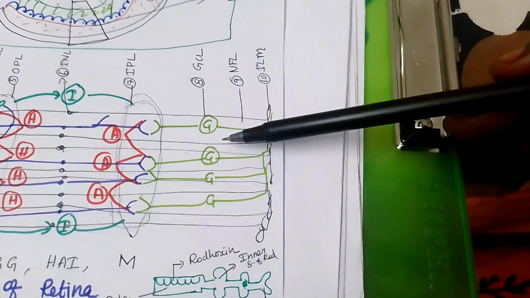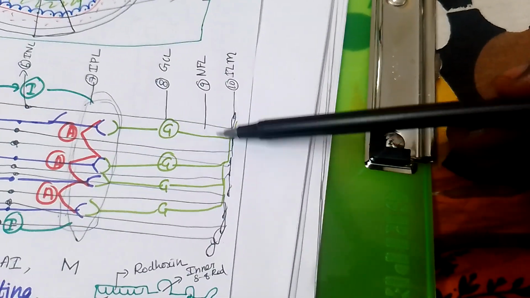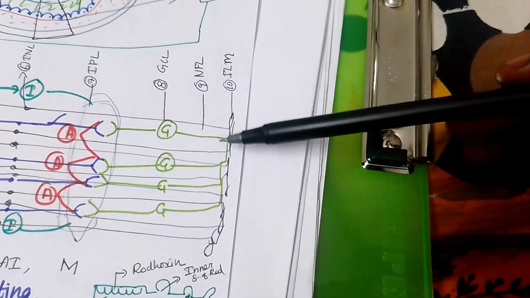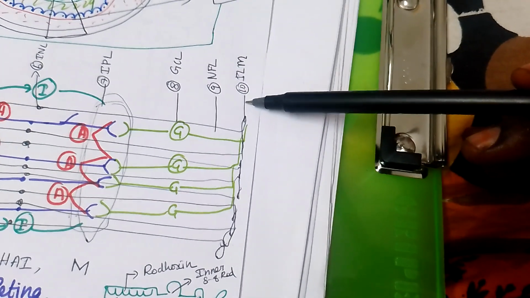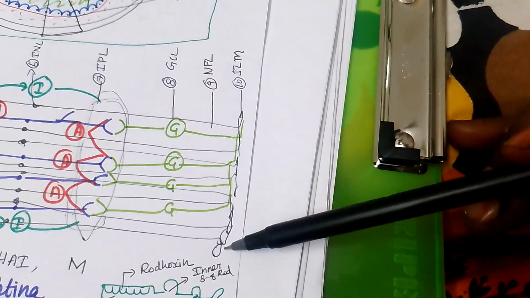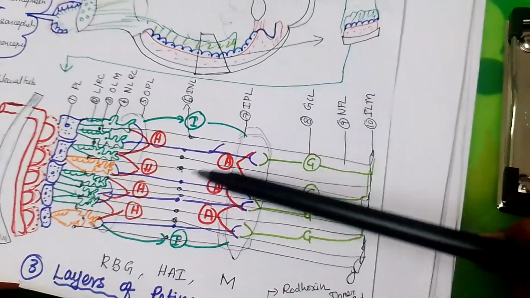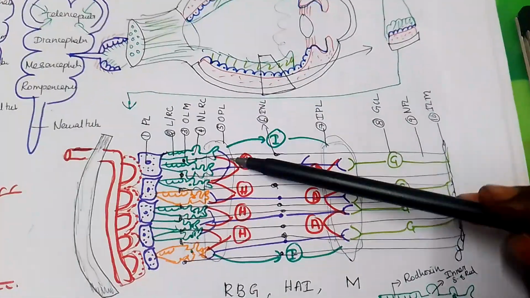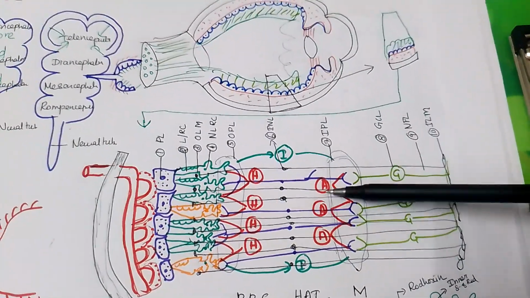Then from the ganglion cells, the nerve fibers form the nerve fiber layer of the retina. Then comes the inner limiting membrane, where the Muller cells hold it, just as the outer limiting membrane. This is called the inner limiting membrane. Understand? So this is the structure of the retina, the different layers of the retina.